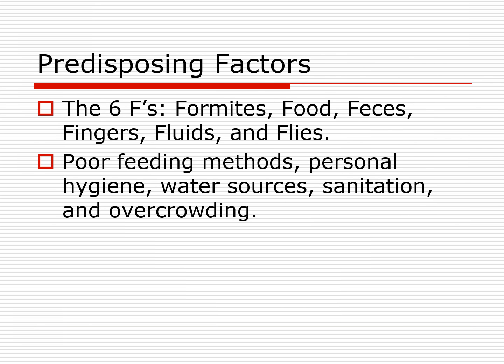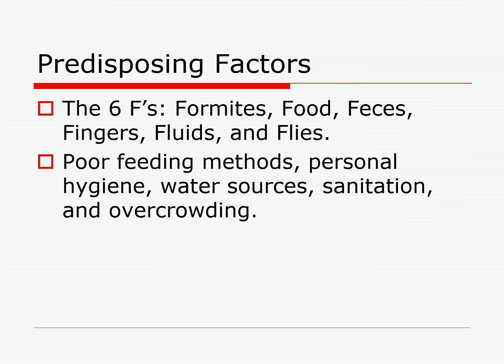The predisposing factors are best summarized by the 6 F's, which are vomitus, food, feces, fingers, fluids, and flies. If these are well taken care of, then the problem is solved.